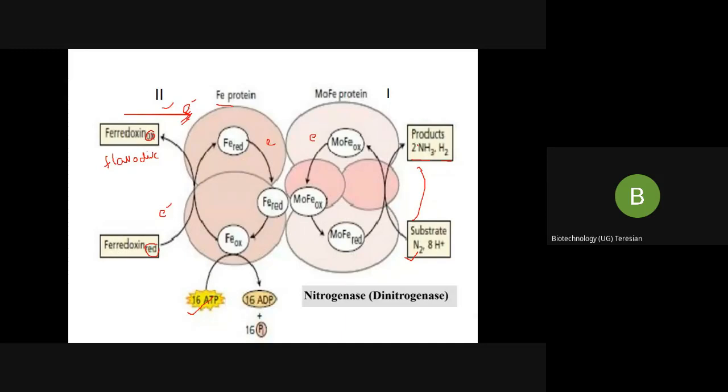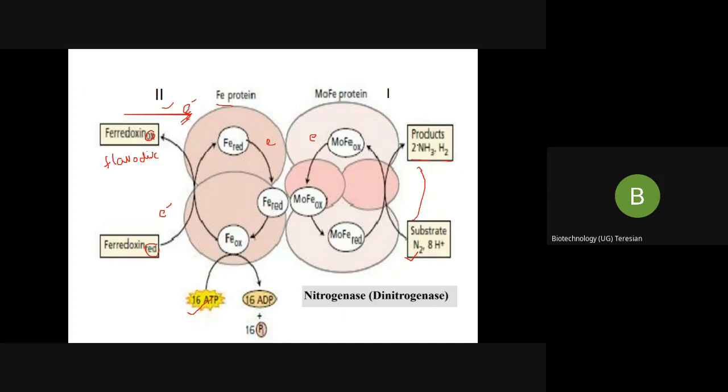So once again, I shall repeat, this is a reduction reaction. I get the electrons from the reduction of flavodoxin or ferredoxin, either one. When it gets reduced, I get the electrons, and because of these electrons, my nitrogen is getting reduced to ammonia.